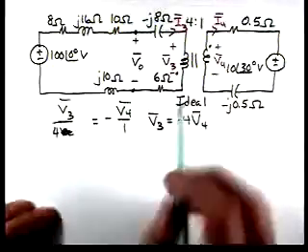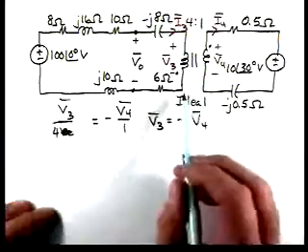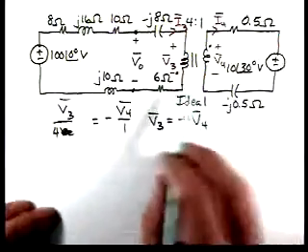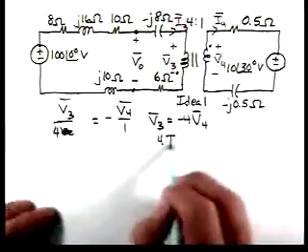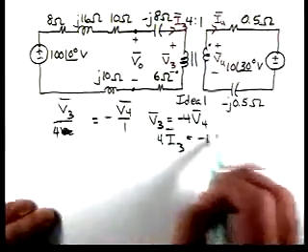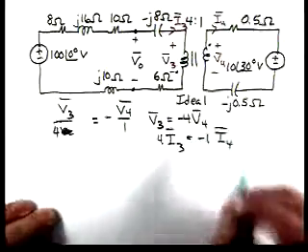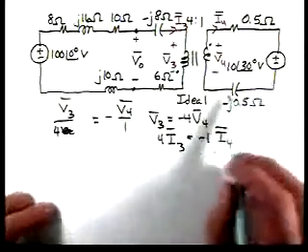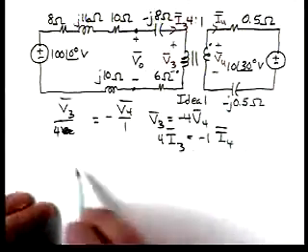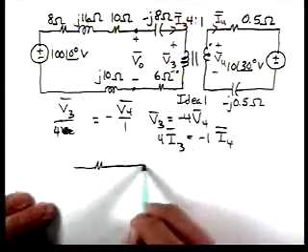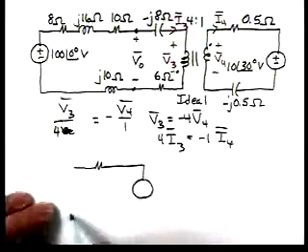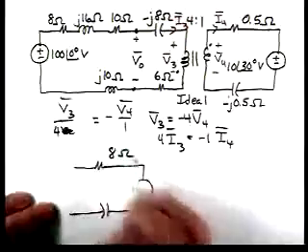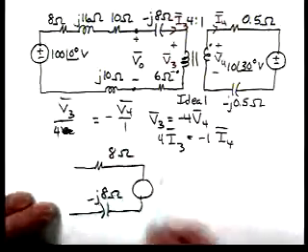And if we look, both currents are defined as leaving dots, so really we get 4I3 is equal to minus 1 times I4. So when we move things through, our impedances get moved by the turns ratio squared. So this becomes 8 ohms, this becomes minus j8 ohms.